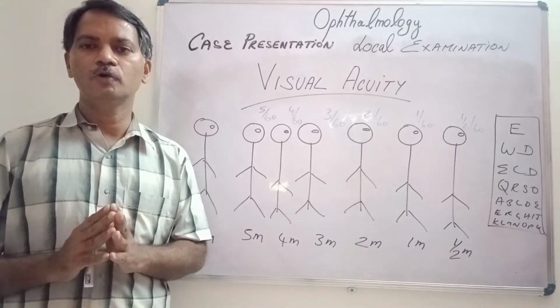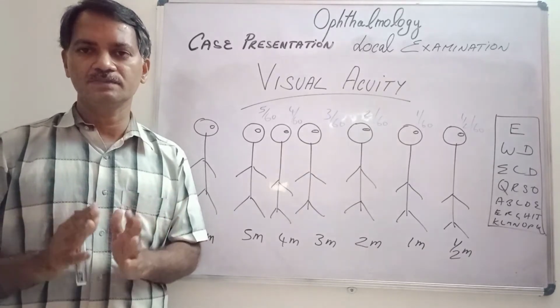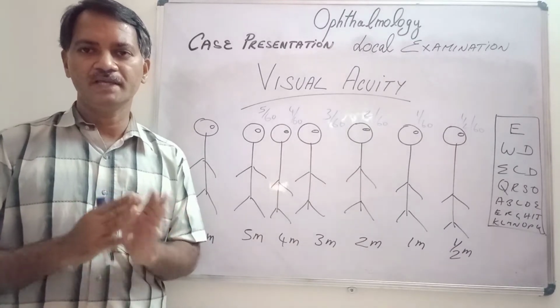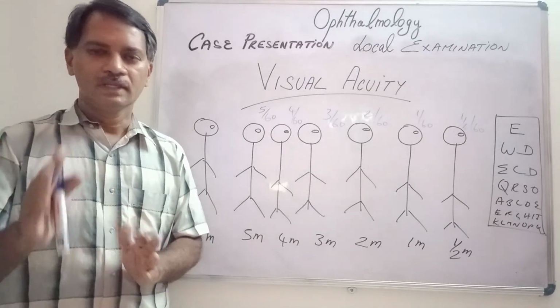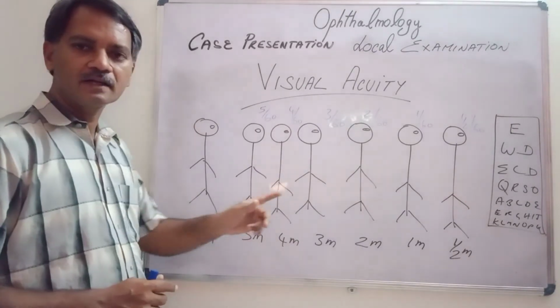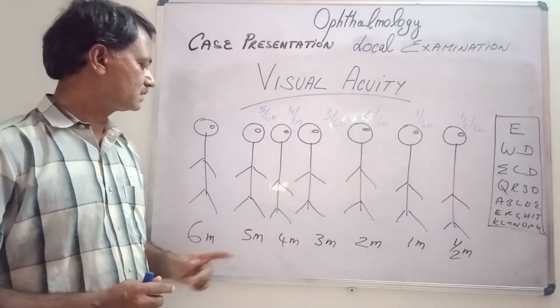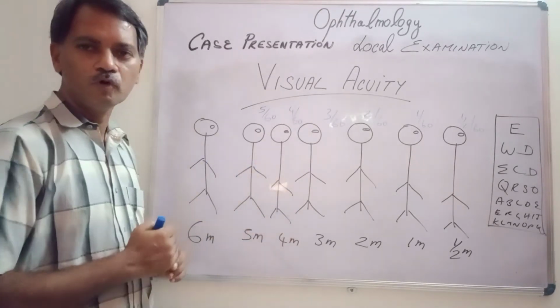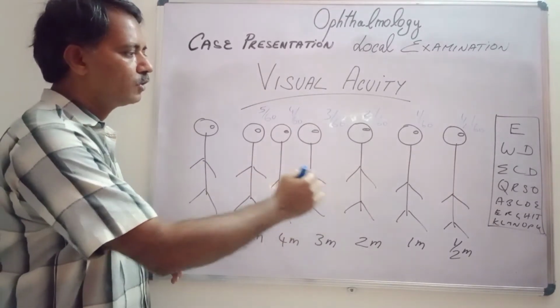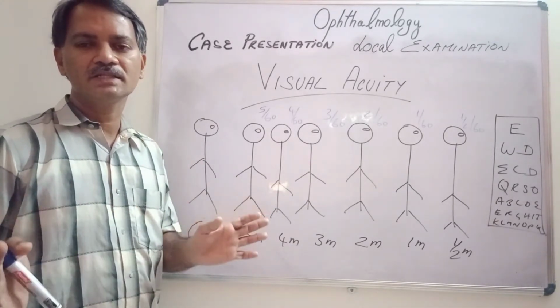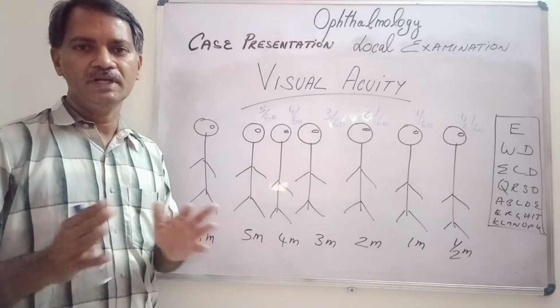Next is we have to reduce the distance between the chart and the subject or the patient. Now, we can either move the patient 1 meter closer to the chart, that is to 5 meters, or if the chart is movable, it can be brought 1 meter closer to the patient, that is the distance between the patient and the chart should be 5 meters.